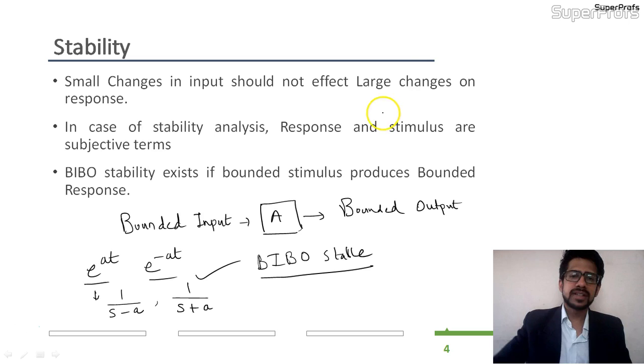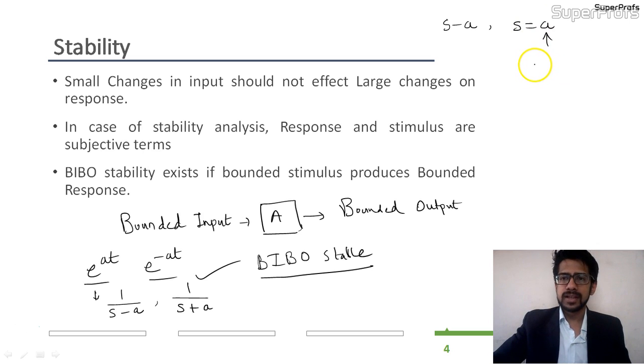As you can see, for s minus a, the root is s is equal to a, and for a greater than 0, this is a positive root. For positive roots in the S plane, this is sigma, this is j omega, for any root s is equal to a, the system will be unstable.